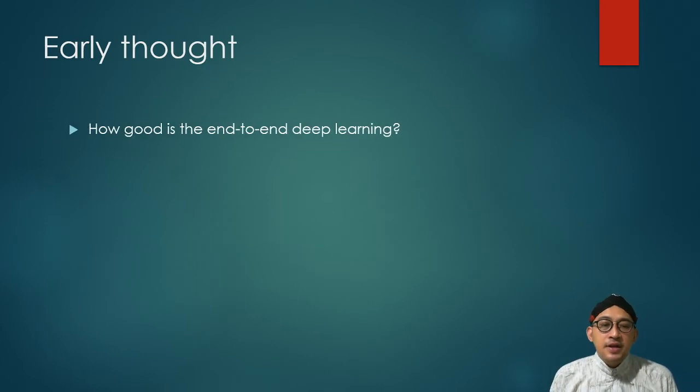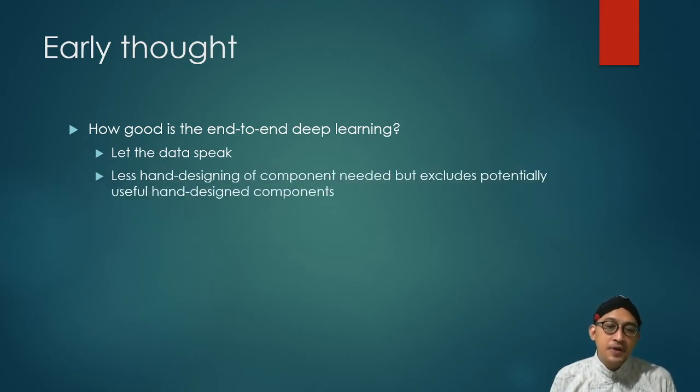End-to-end learning is good as it lets the data speak. If it speaks well enough, it will hopefully capture all the features needed in the right distribution, and it leads to less hand designing of components.